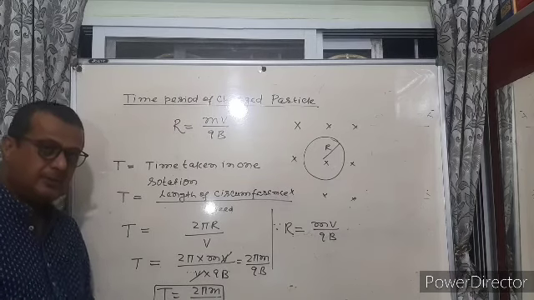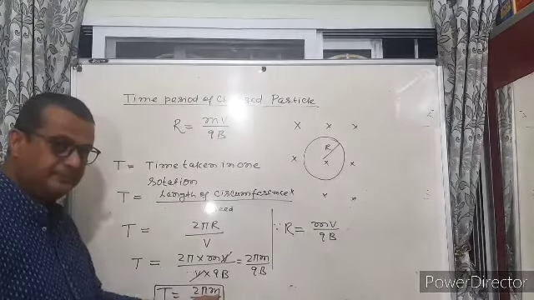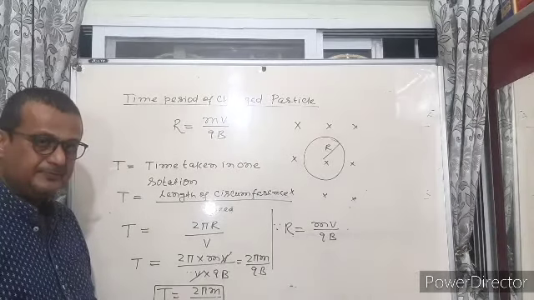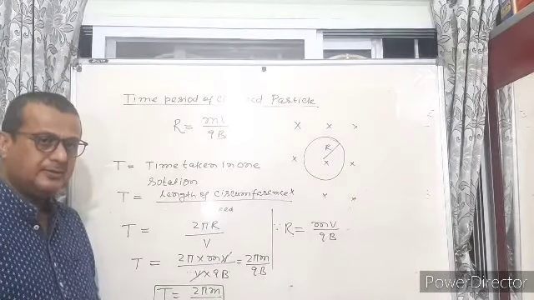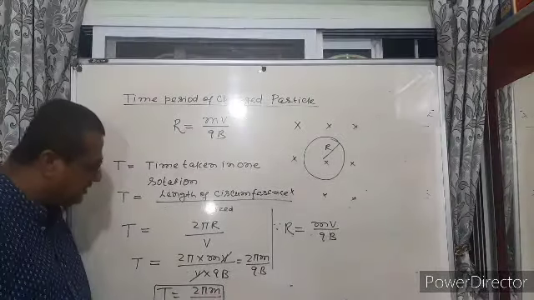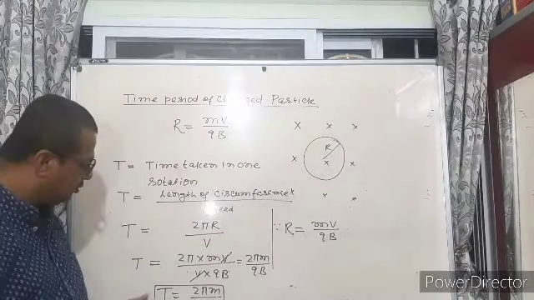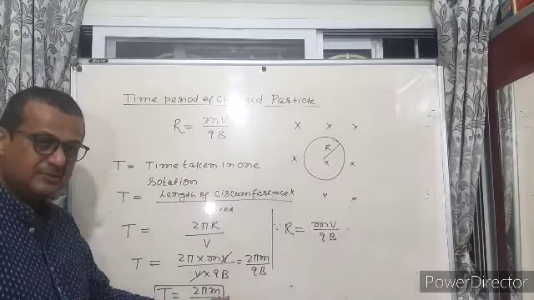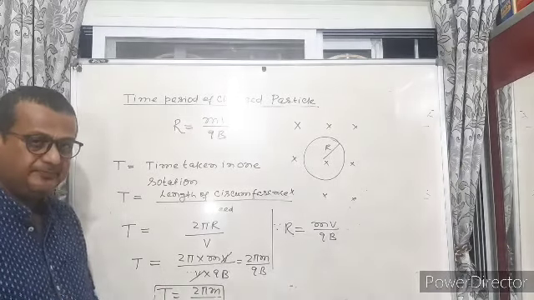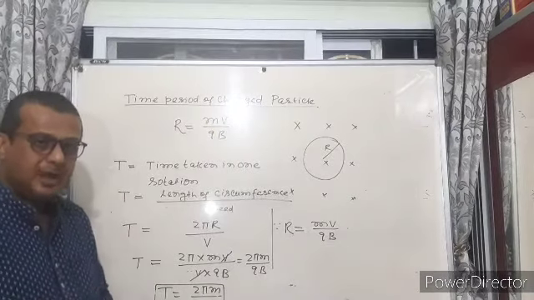When you take proton, mass is m, charge is E. When you take deuterium, mass is 2m, charge is E. Certainly deuterium mass is large, so time period will be large because both are directly proportional. So you have to decide on the basis of this formula if some objective question will be asked, you have to give the answer.